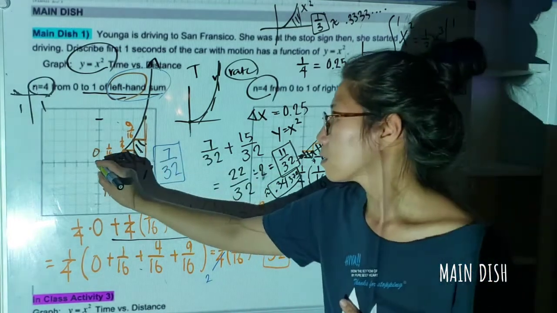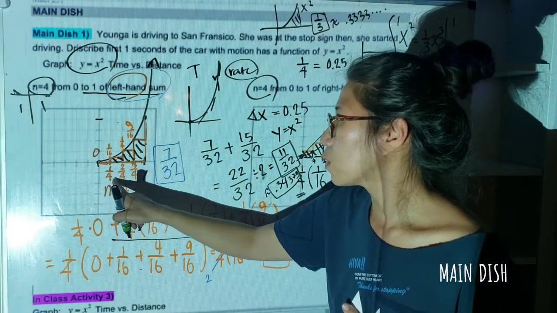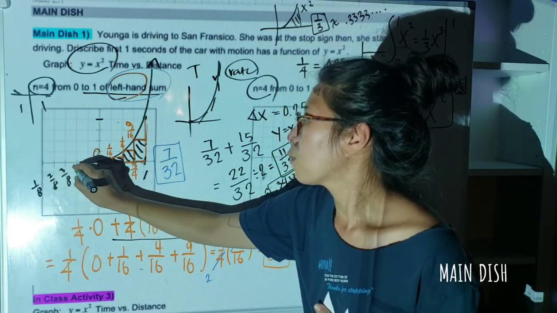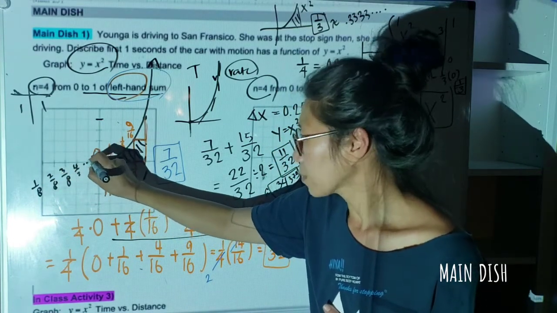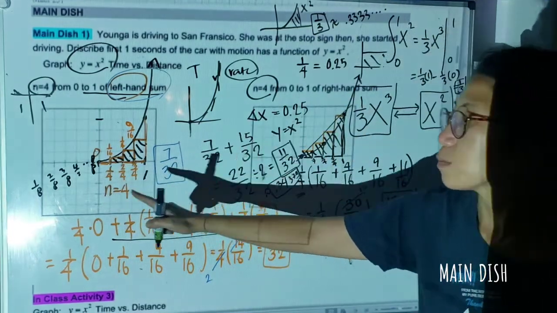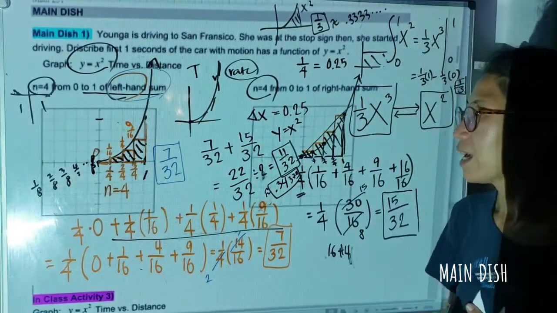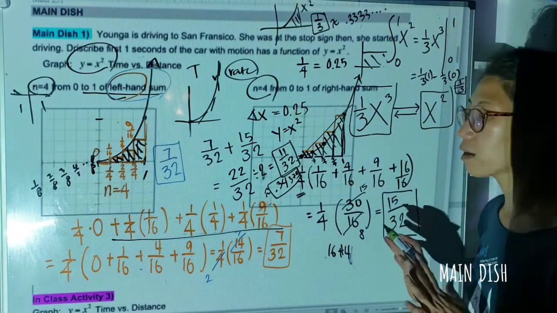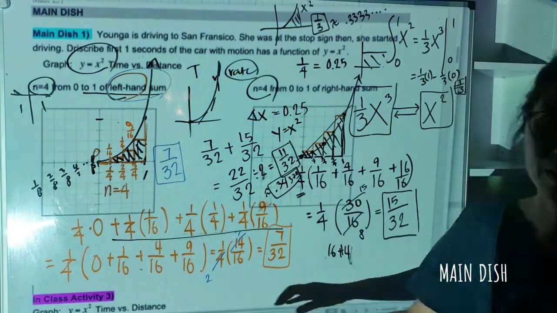Your domain is still 0 to 1, but instead of using 1/4, you can use 1/8, 2/8, 3/8, 4/8, all the way to 8/8, and then plug in those numbers to get the height, do the same thing, and compare your answer with me. Okay?